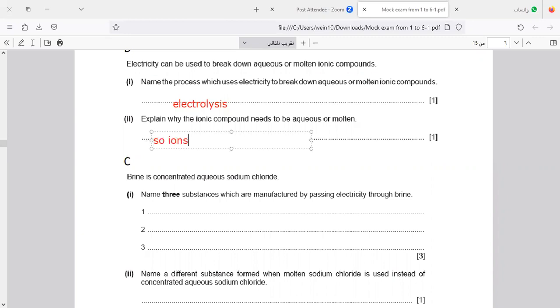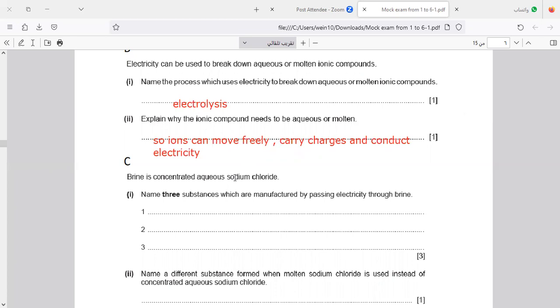So ions can move freely, carry charge, and conduct electricity. Or any words describing that the ions will be free to move, according to your understanding.